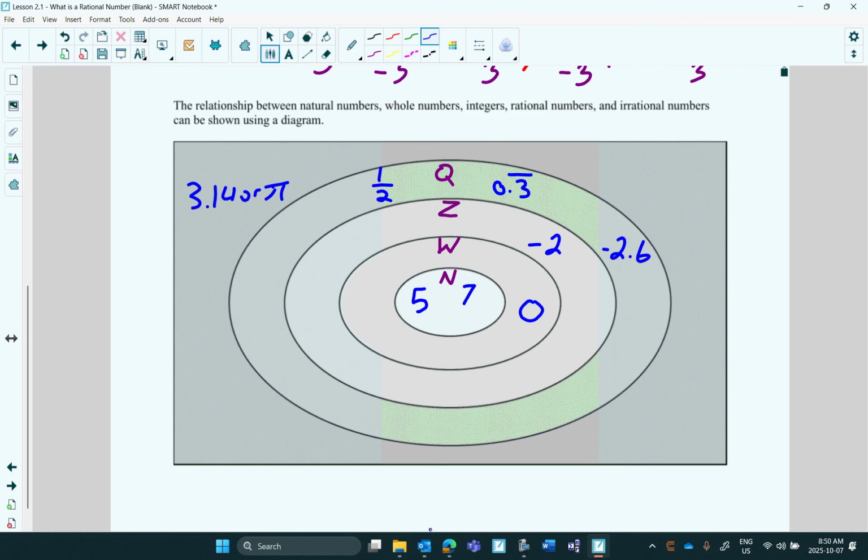Exactly. Because it's 5. Actually, I'm going to write it as a square root, because you can write it as 5, and 5 can be written as the fraction 5 over 1. Well, it's a rational number, but most specifically, it's a natural. Good. Okay.